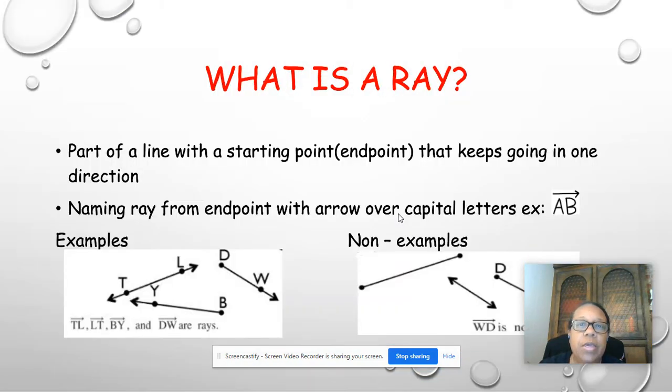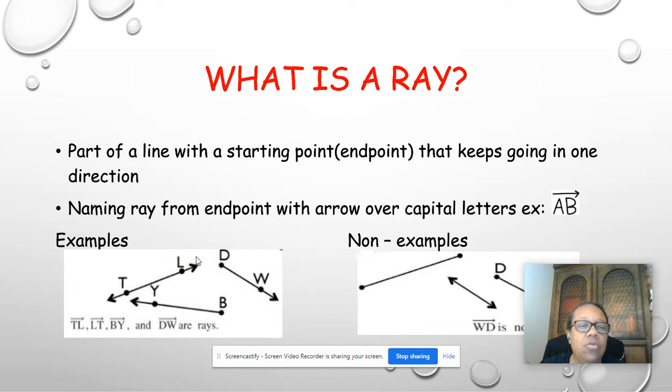Now, on a ray, you have a starting point, then it keeps going in one direction. So when you name a ray, you have two capital letters, but the first letter has to be the starting point. If you look at this one right here, it's D to W. So D would be first, and that's right here, then W, and you have to have the arrow above it.